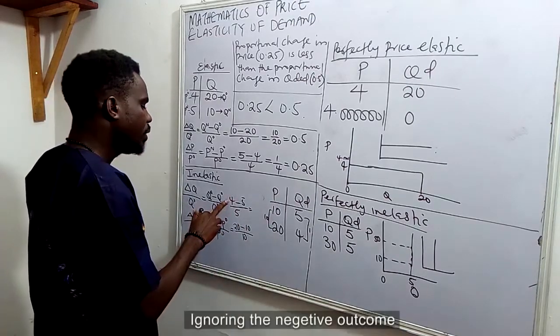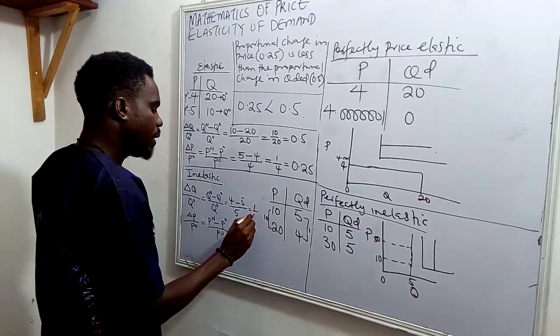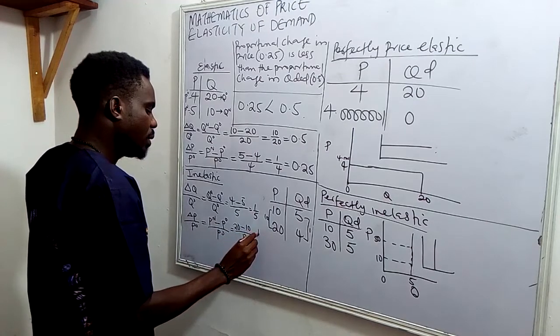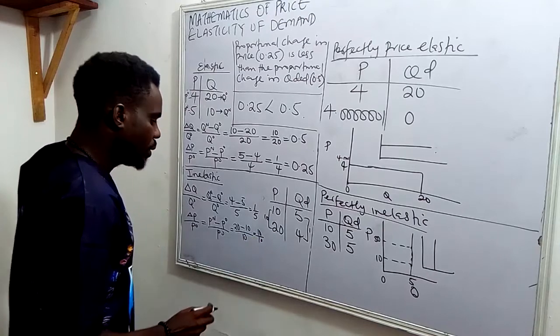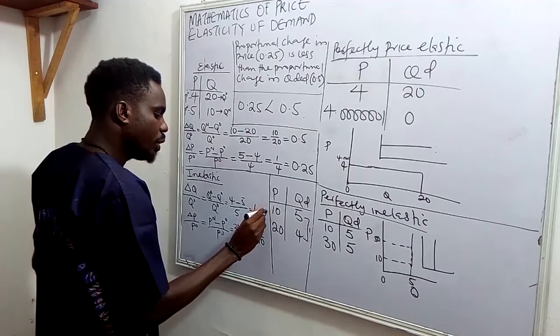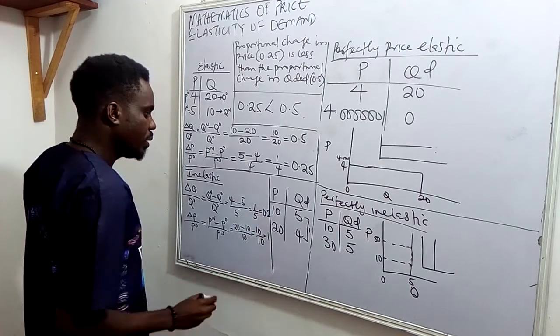Then, by ignoring the negative sign, we have 1 divide 5 and 10 divide 10. So, the proportional change in quantity is 0.2 and proportional change in price is 1.